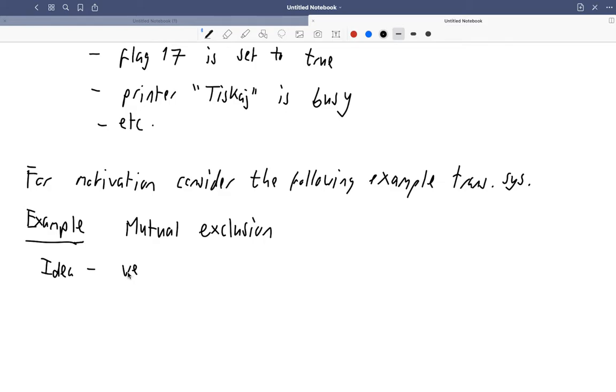There's a natural generalization to n parallel processes, where n is some natural number, but we're just going to model the case for two processes.